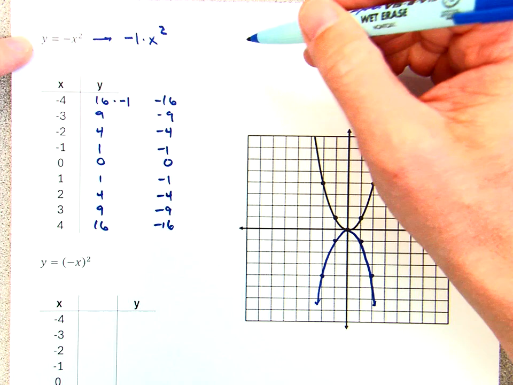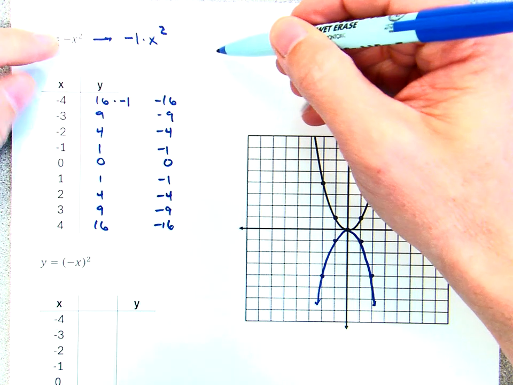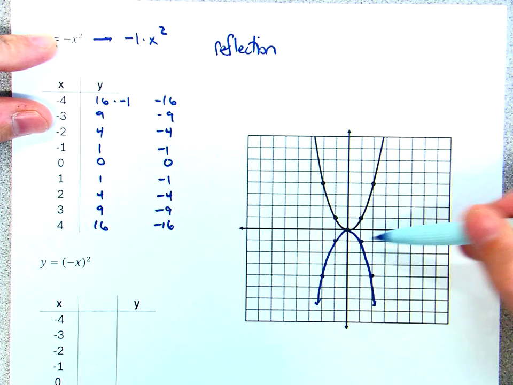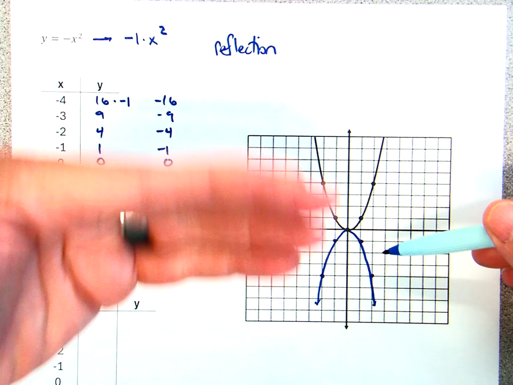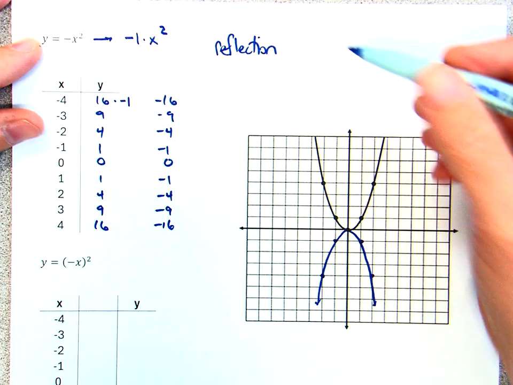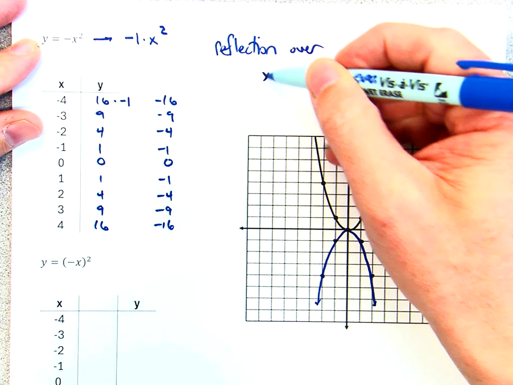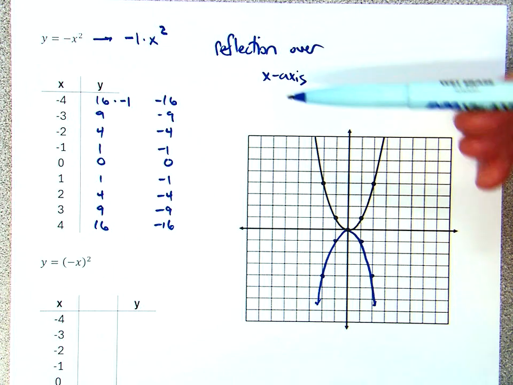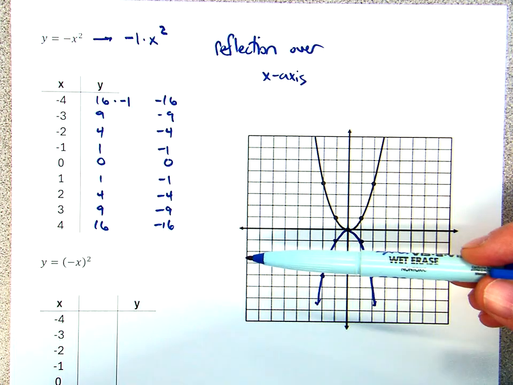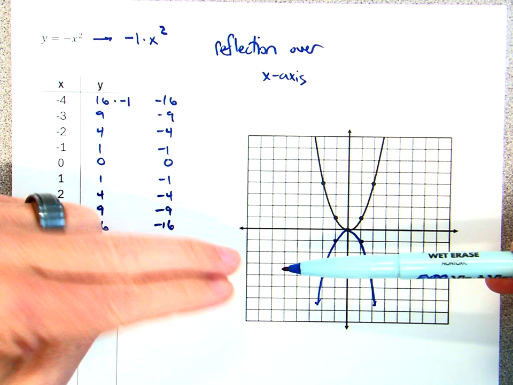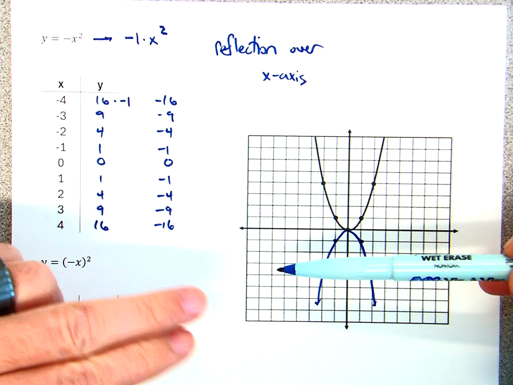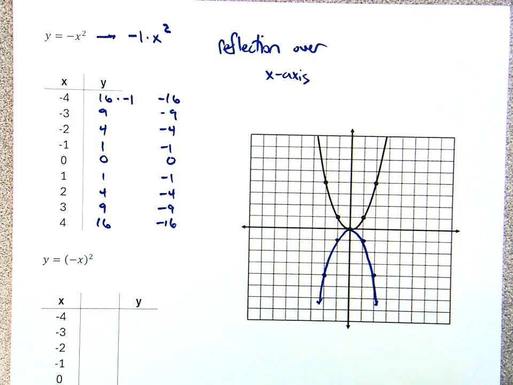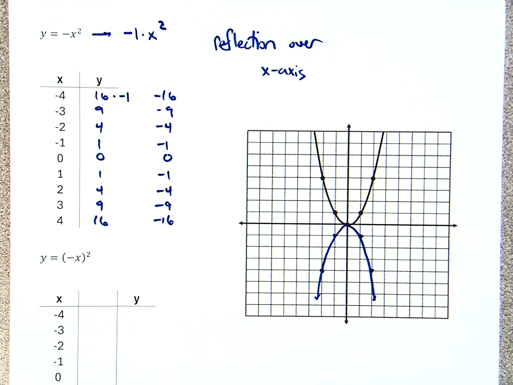So what we'll say is that this had an effect that is a reflection, and more specifically, y values are on top and bottom of the x-axis, so this is going to be a reflection over the x-axis, right? So a reflection over the x-axis, if you think about it, has that vertical component because we're going from the bottom of the graph up to the top or vice versa, right? So it's still got that kind of vertical component to that, okay?